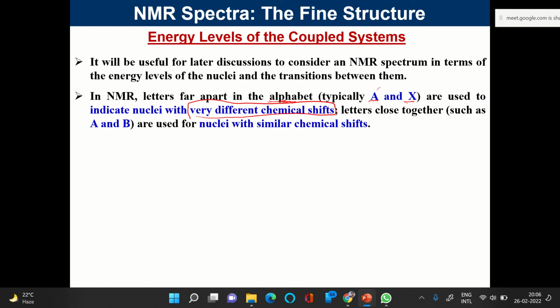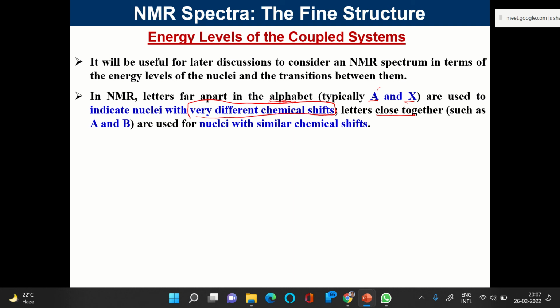And if the two interacting nuclei are closer to each other in terms of chemical shift, and when I say close or far, it is not Cartesian coordinates that I am talking about. It is the chemical shift values, how far they are separated on the spectrum.